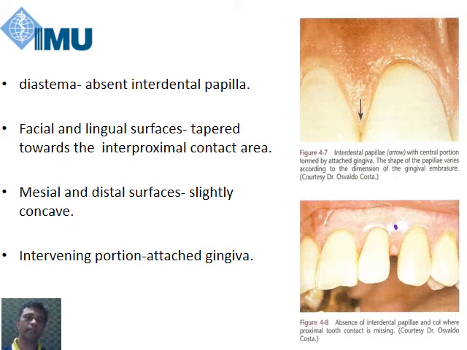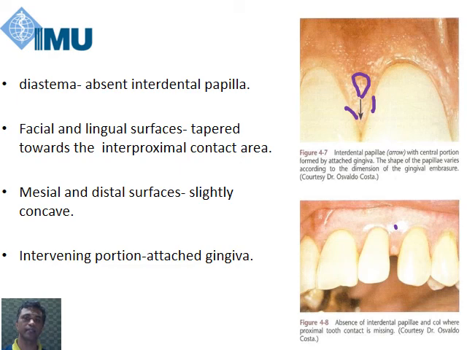Further, we find that the facial and the lingual interdental papilla slant or taper towards the contact point. Whereas the mesial and the distal surfaces are slightly concave, as they have to accommodate the tooth. The intervening portion contains the attached gingiva.